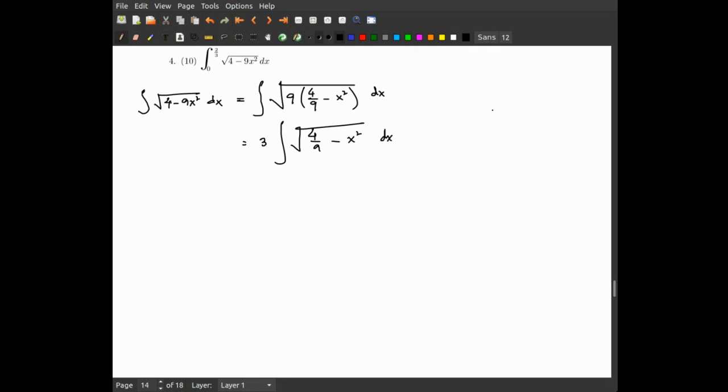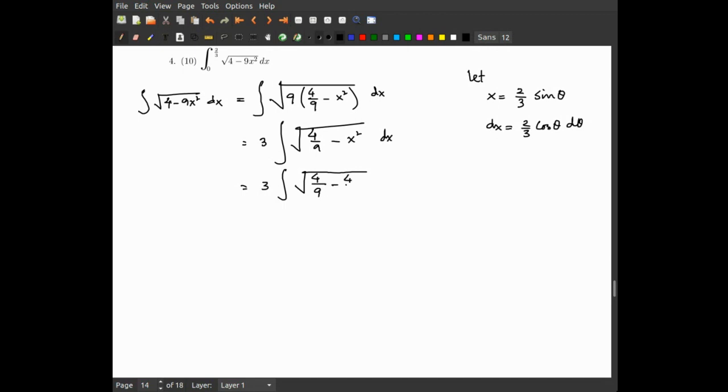It looks much simpler. So now we can use the sine theta trig substitution. So x will be a. What is a? Square root of 4 over 9, which is 2 over 3 sine theta. Then dx is 2 over 3 cos theta d theta. Let's plug in the value. So that would be 3 times the integral of square root of 4 over 9.